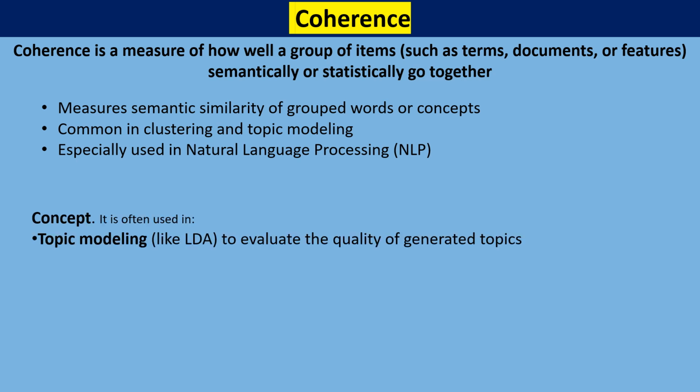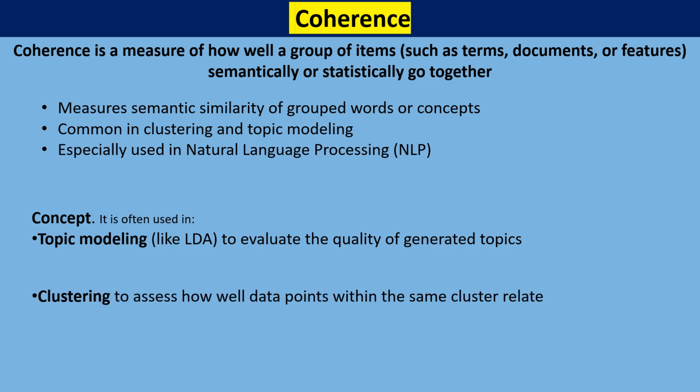In topic modeling like LDA, coherence is used to evaluate the quality of generated topics. Think of coherence like a quality control test for grouping. In topic modeling, it tells us whether the top words in a topic are actually related. In clustering, it assesses how well data points within the same cluster relate, telling us whether the items within a group actually share common characteristics.